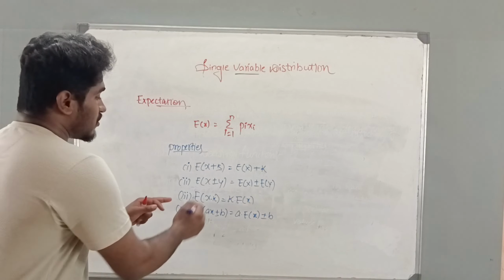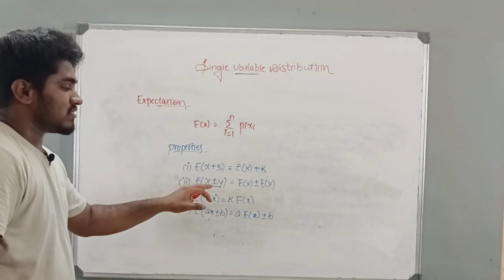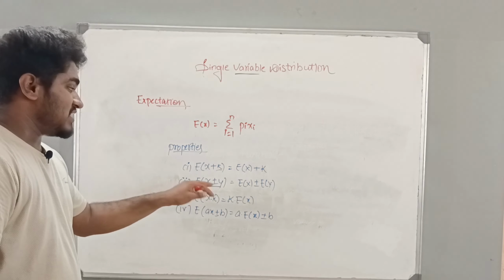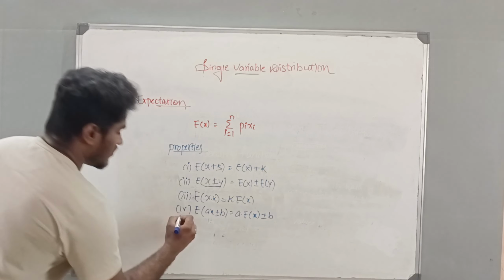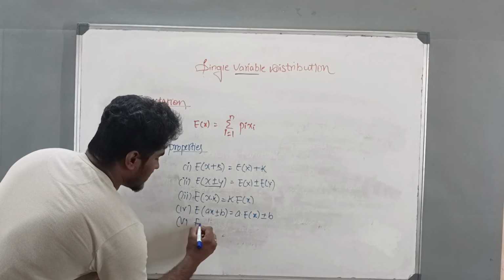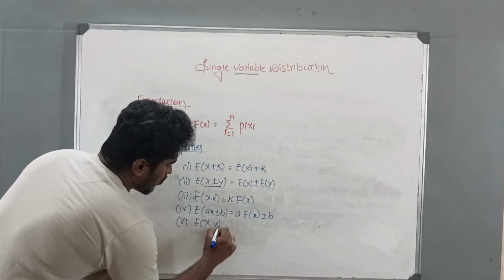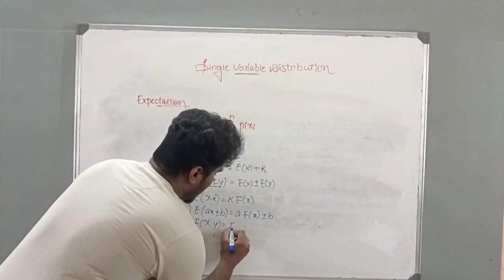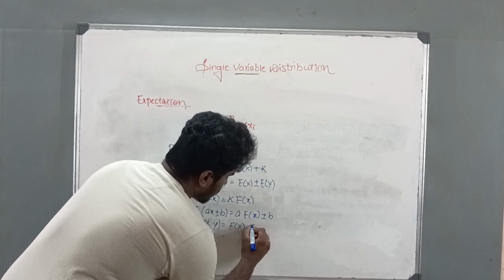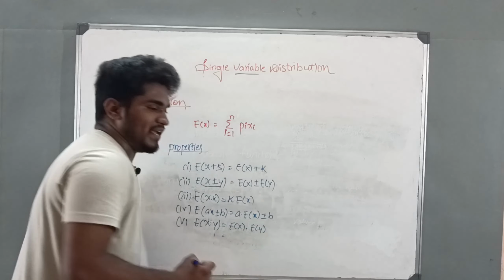What if two variables are added or subtracted? This is the formula. If they are multiplied, the expected value of x into y is found as expected value of x into expected value of y.